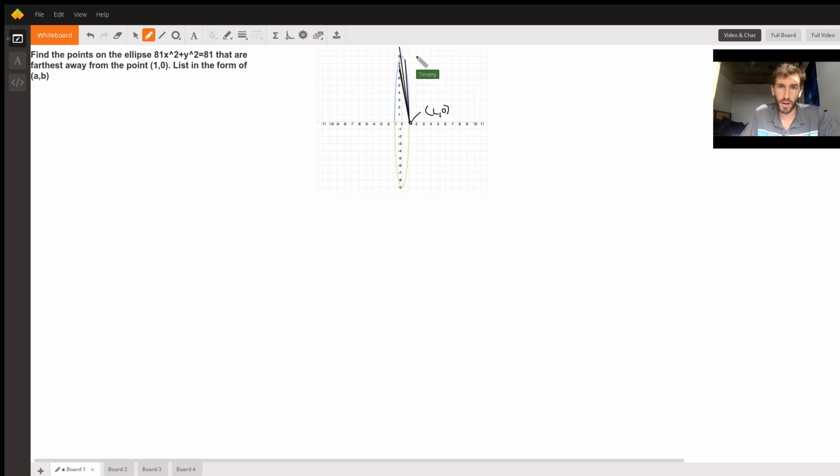Our answers are going to be small x values, it might be 0.05 and plus or minus, you know, 8.5. So we already know the ballpark of where we're looking at just from setting up the graph.